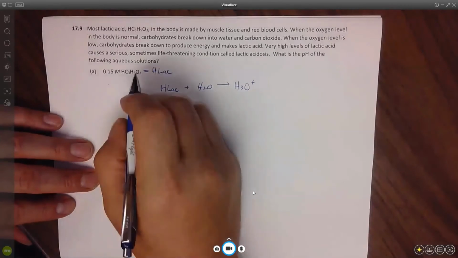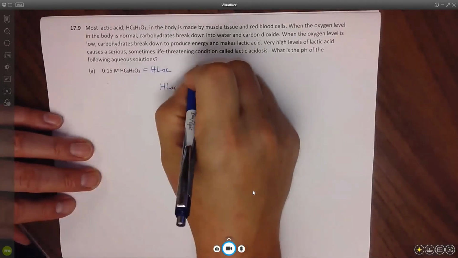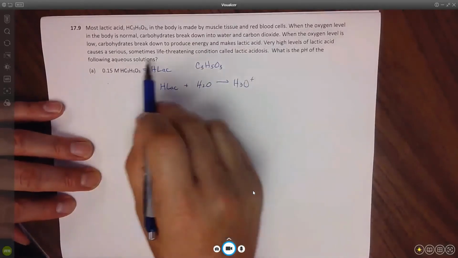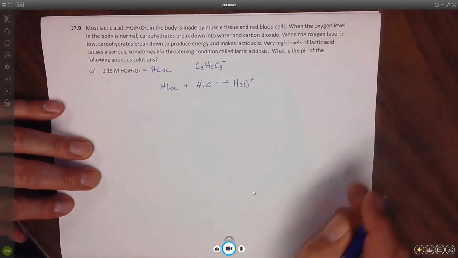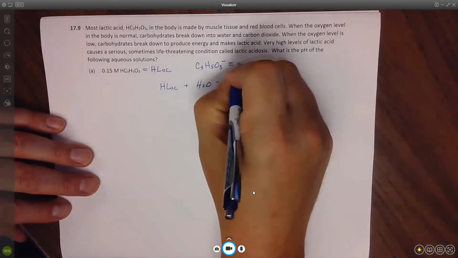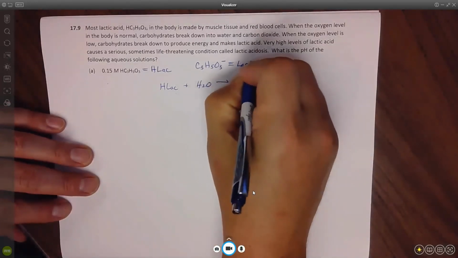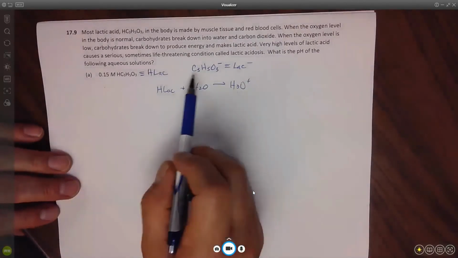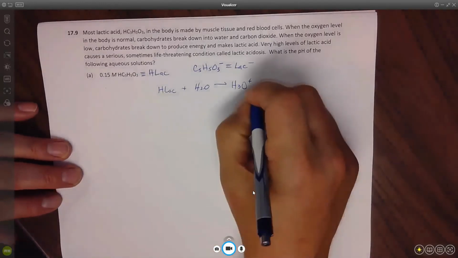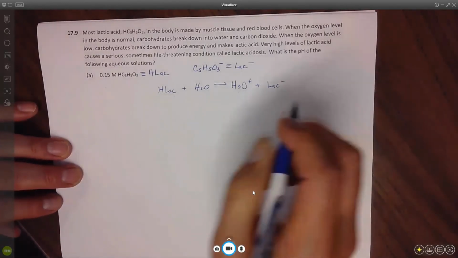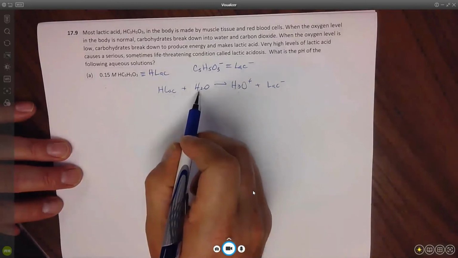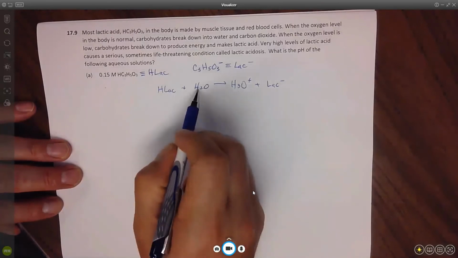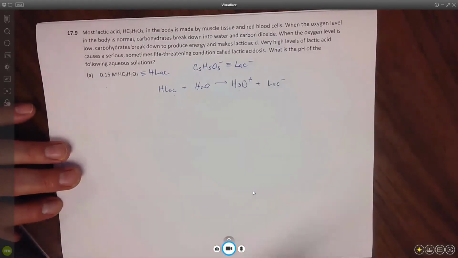Okay, so we went from this, and then we lost that hydrogen ion to the hydronium, right? So that left this, which I'm going to call LAC minus. Again, that way I just don't have to write all of that out. So the H plus went to H2O to form H3O plus, and then it left behind LAC. Now, because the plus went, that means this became minus, so it became LAC minus.